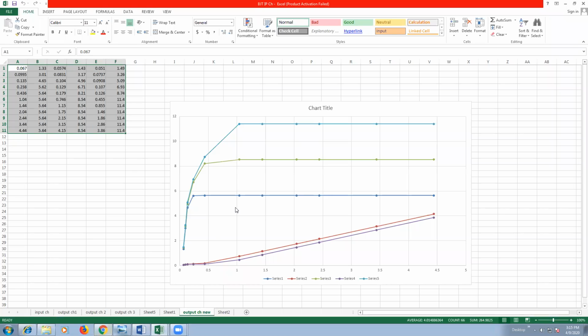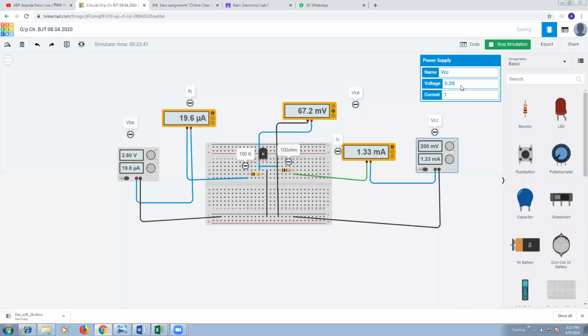So I'm repeating again here how to fix IB. Suppose I am keeping VCC at 0 volt. For the power supply VBB, the first time I keep it at 1 volt and see how much IB there is.